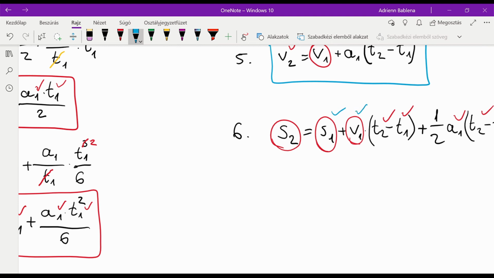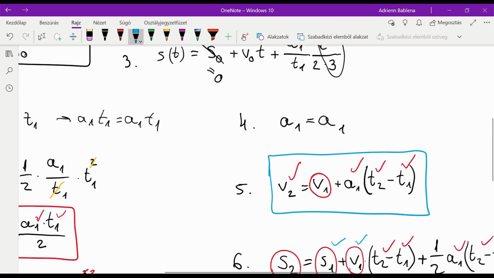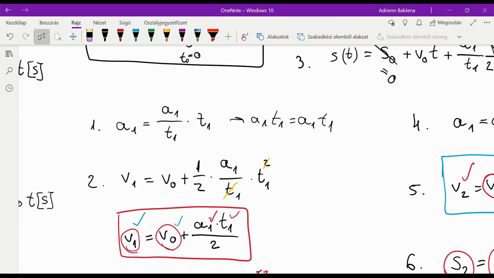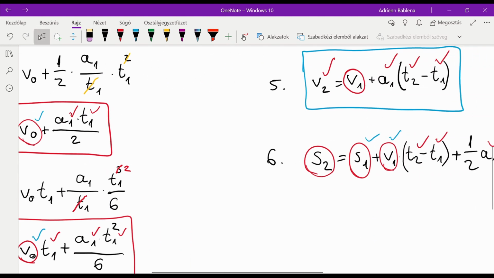And after that we can calculate S2. Okay, a bit long, but maybe I can show you a bit shorter and easier method, but we are at the university, so we have to use differential and integral methods also, so let's use these equations.